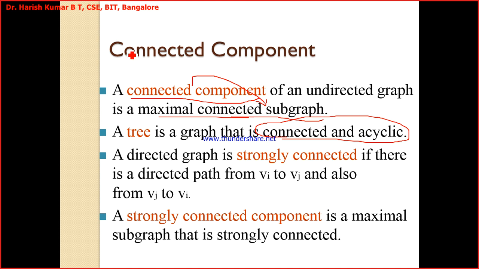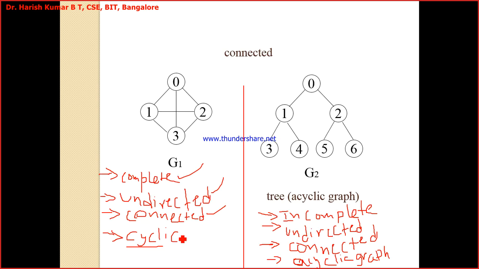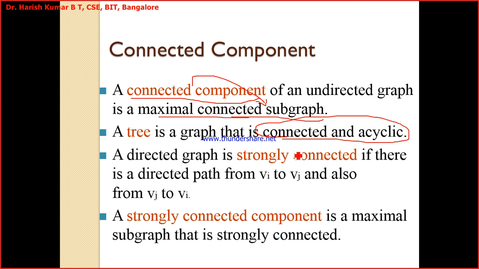So till now you understood connected. This was connected, and this example was also connected. Now we have something called strongly connected. A directed graph is strongly connected if there is a directed path from Vi to Vj and also from Vj to Vi.